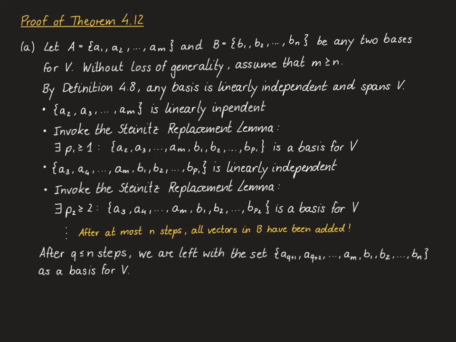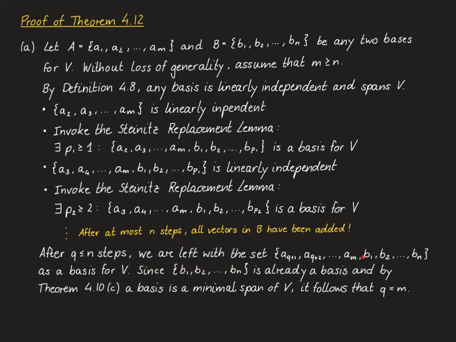Hence, after some q less than or equal to n steps, we are left with the set a_{q+1}, a_{q+2} through am and b1, b2 through bn as a basis for the vector space V. But as we know, b1 through bn is already a basis, and according to Theorem 4.10, we know that bases are a minimal span of V, and therefore there cannot be any vectors A left in this set, so q must be equal to m.